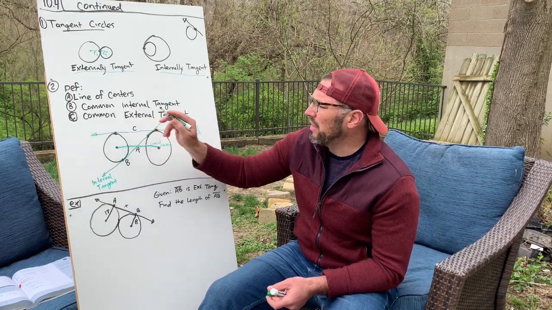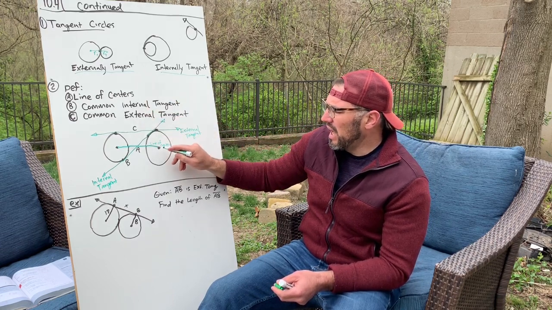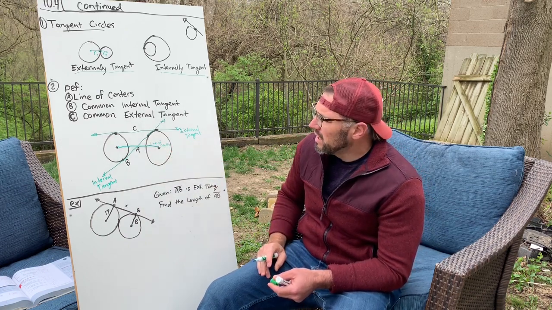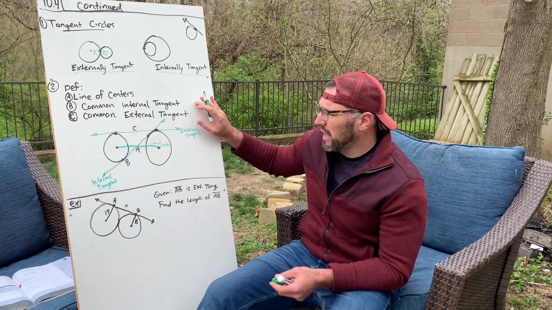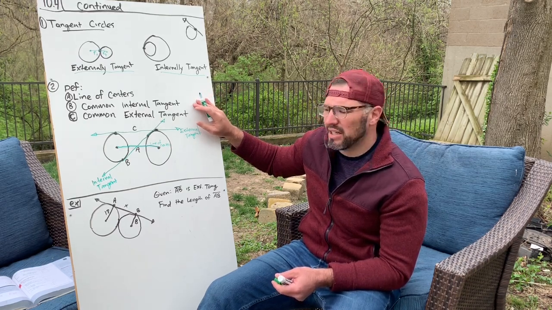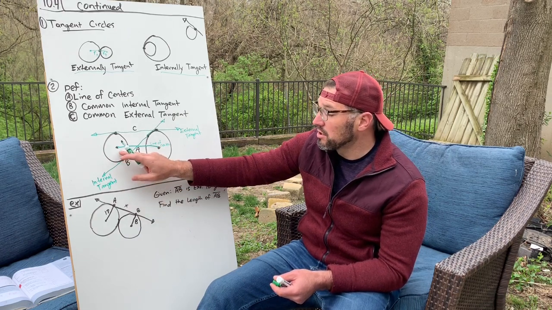Now, a couple other definitions for you. We've got a line of centers. A line of centers is just a line that connects the two centers of the circles. We've got common internal tangents. A common internal tangent is a tangent line that is tangent to both circles.